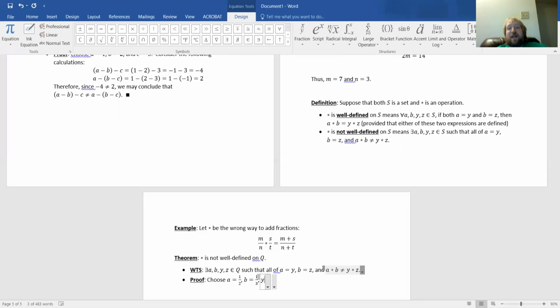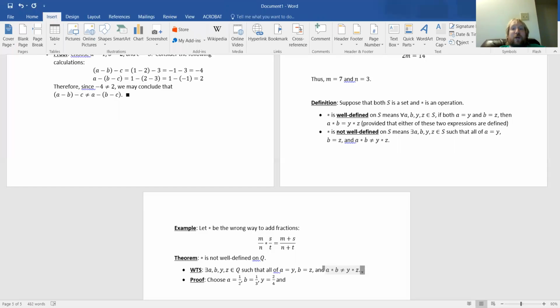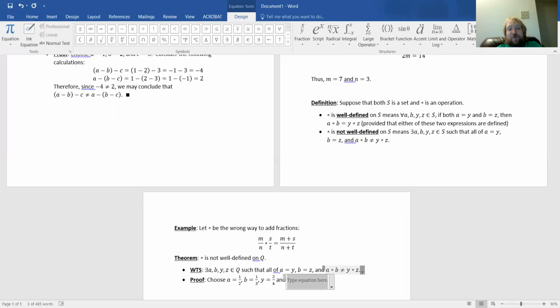So Y equals 2/4. And let's choose a Z that is equal to B, so equal to 1/3, but looks different. Let's choose Z equal to 3/9.